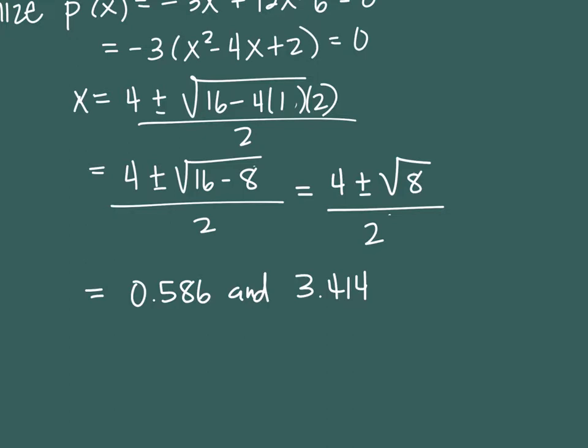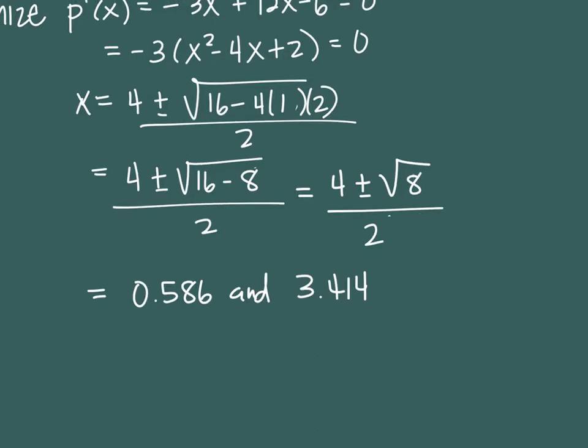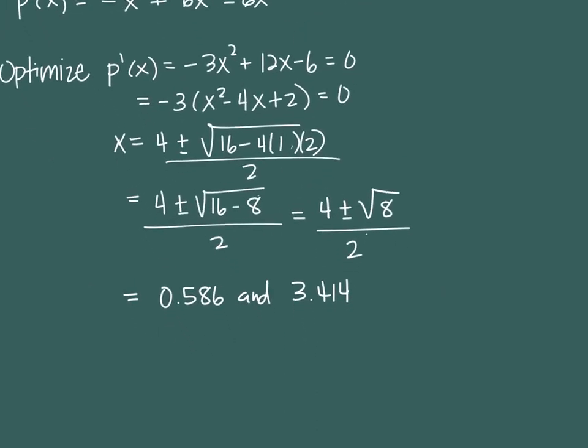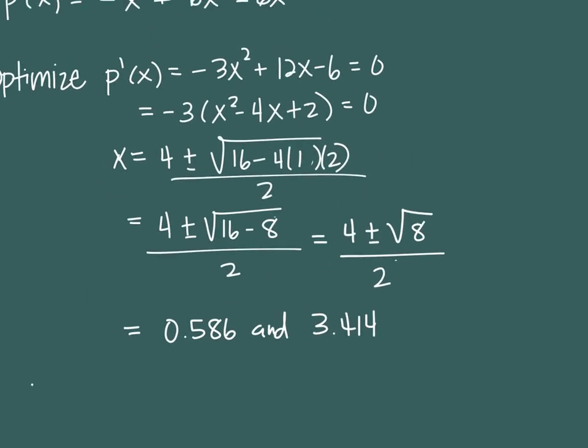So I can either check for a change from positive to negative in the first derivative, or I like to check the second derivative and check the concavity. So I'm going to go back and look at what my second derivative is. So my p double prime for this problem will be negative 6x plus 12. To me, that's a pretty simple concavity equation.